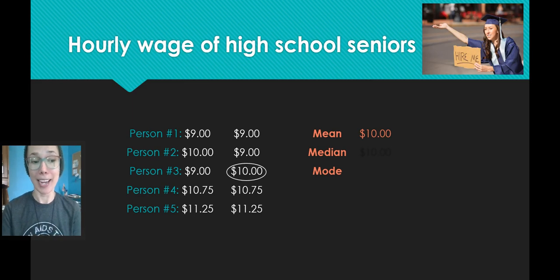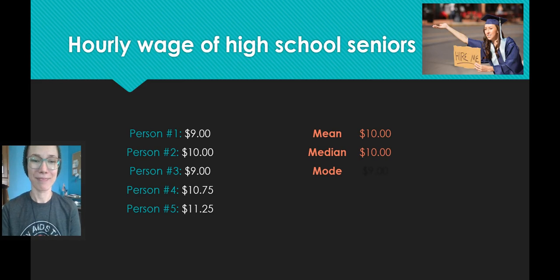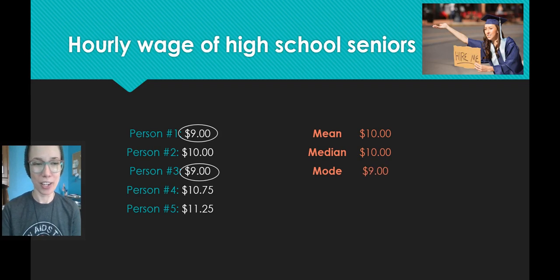So $10 is the average, $10 is also the median. Now how about mode? That's an easy one again. I can see $9 in there twice. Super simple. We're trying a couple easy versions of this, and then we're going to step up the complexity just a little bit.